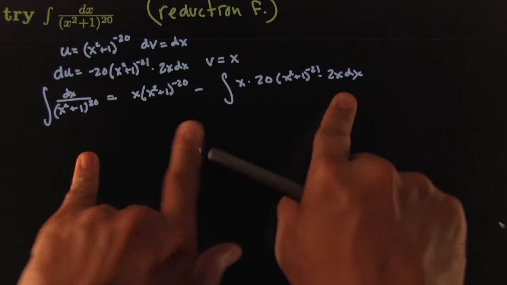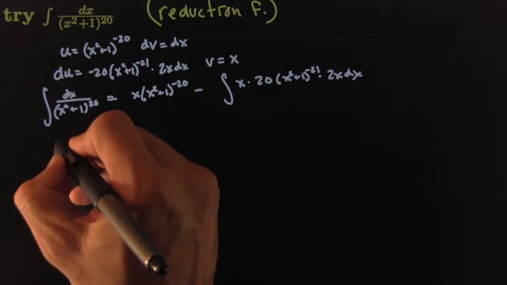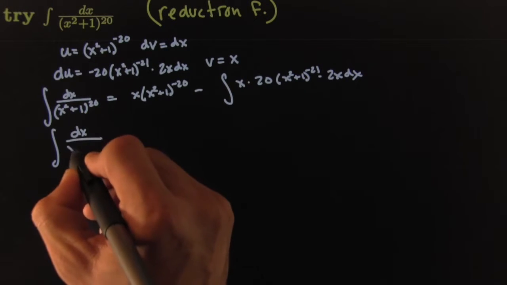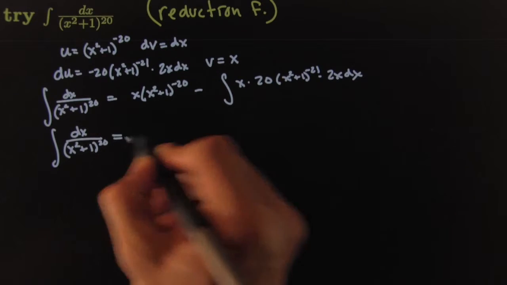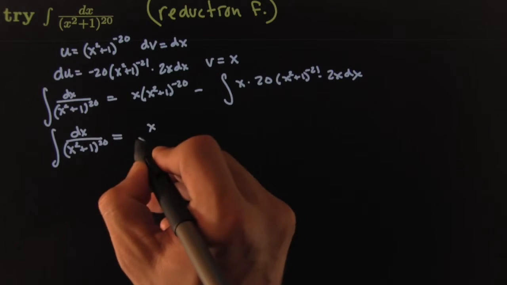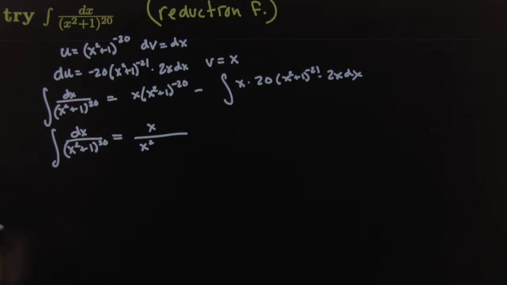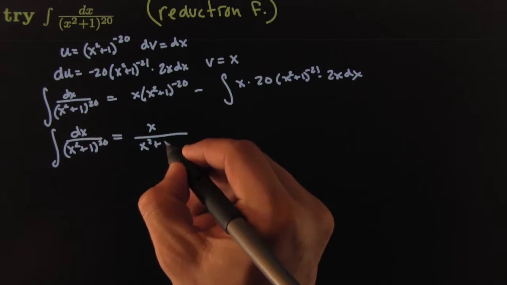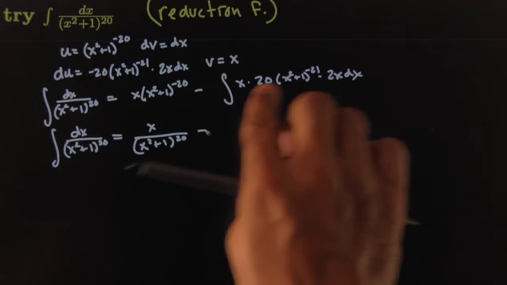Okay? I clean this up a little bit, and this would become the integral of dx over (x squared plus 1) raised to the 20th, and that's equal to x over (x squared plus 1) raised to the 20th, minus, let me see if we can clean this up.